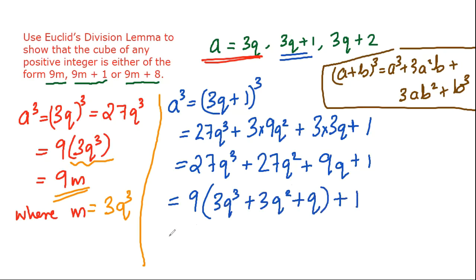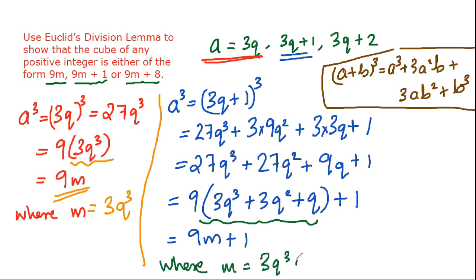And here I can take this entire term as m, and I can write this as 9m plus 1, where we know that m is equal to 3q cube plus 3q square plus q. In the last case, we are taking a as 3q plus 2.